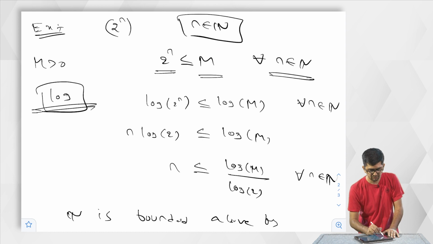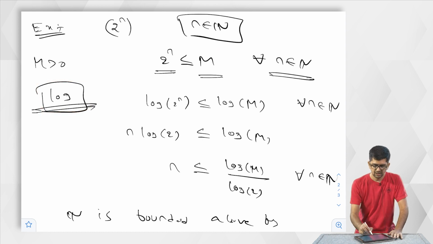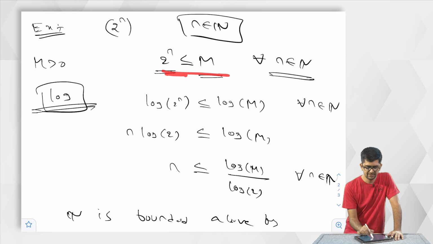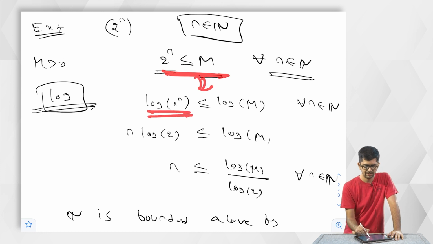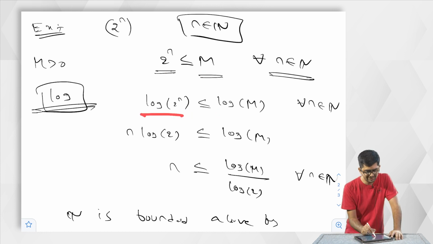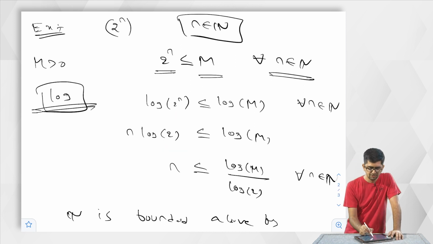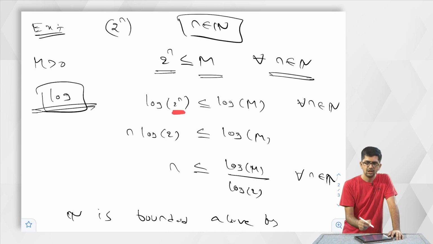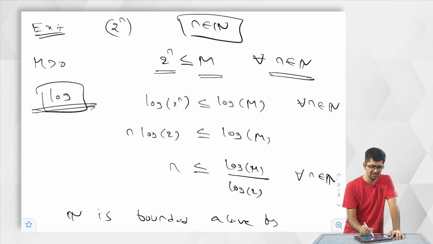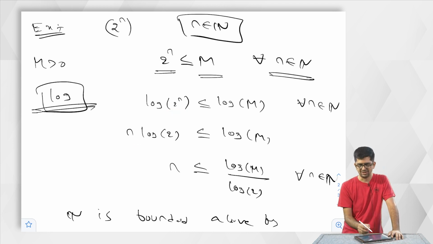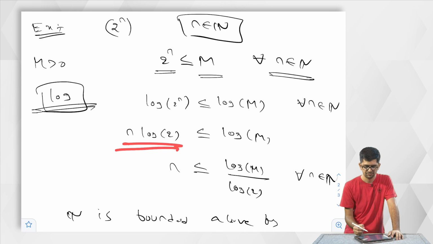So, we have to take help of this log function, and because log is an increasing function, this implies log 2 power n less than log m. This is just the property of the logarithm function. Log a b is equal to log a plus log b. So, here I am multiplying 2, n times. So, the multiplication here turns into addition when we take the image. So, log 2 power n is equal to log 2 plus log 2 plus log 2, n times, that is n times log 2.